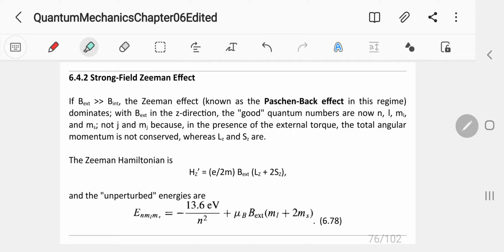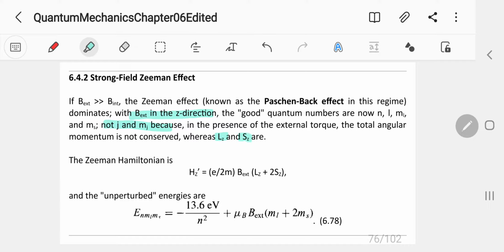With the external magnetic field in the z direction, the good quantum numbers here are n, l, ml, and ms, and not j and mj, because in the presence of an external torque, the total angular momentum is not conserved, while Lz and Sz are conserved.